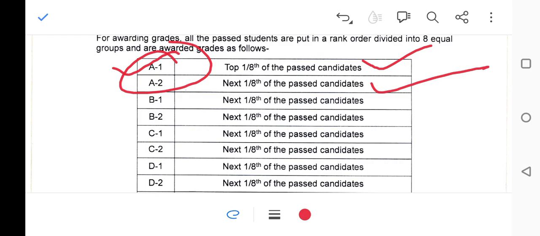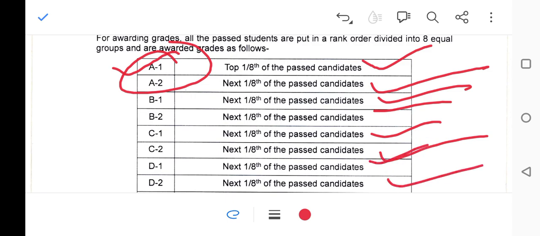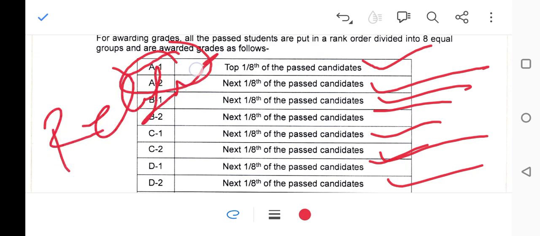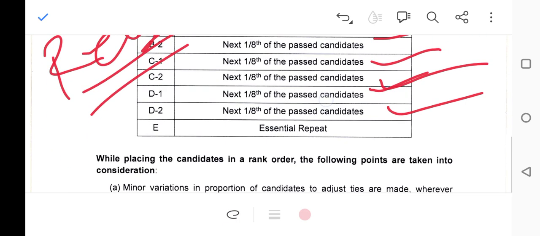Then B1 like this, then B2, then C1, then C2, then D1, D2. So this is relative grading, which you may say is more scientific than absolute grading.